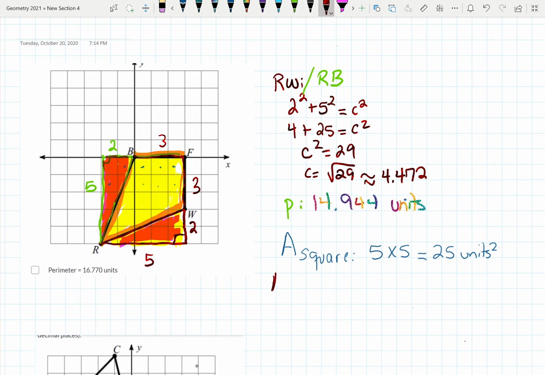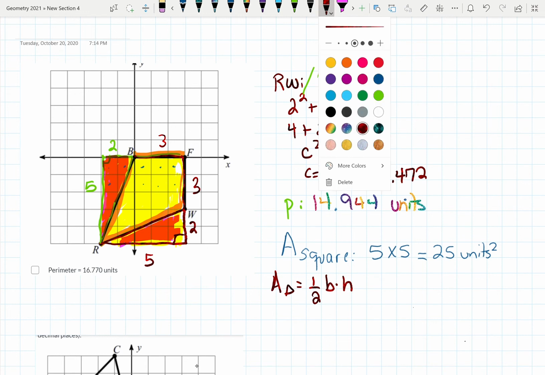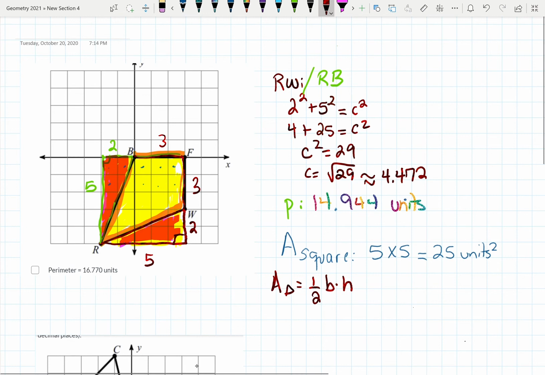So the area of the triangle, remember that's 1/2 base times height. And luckily for a right triangle, the base and the height are built into the right triangle. The base is 5, the height is 2, so 1/2 of 5 times 2 would be 5 square units. So each one of these triangles has an area of 5 square units.